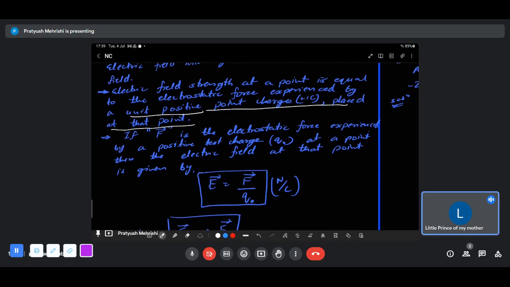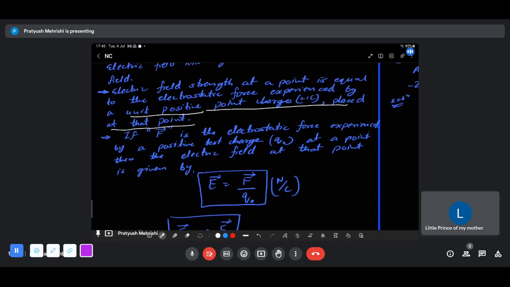Sir, got it, but even if you take a unit negative charge, it will be the same, only the sign will change, no, sir? See, you are getting it wrong. I am just talking about the definition of electric field. Electric field will always be the same. Direction of force will change, but electric field will always be the same. Electric field is the direction of force experienced by a unit positive charge.